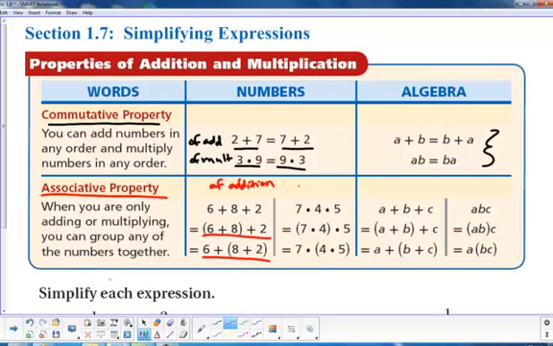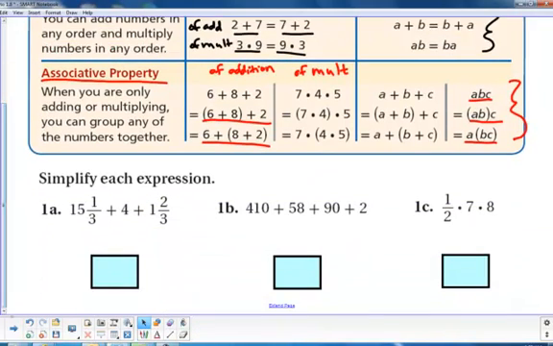And this is associative of multiplication. Same exact thing with the letters. A times B times C is the same thing as A times B and then C, or A times B plus C grouped together.